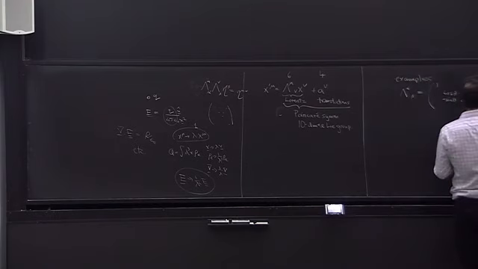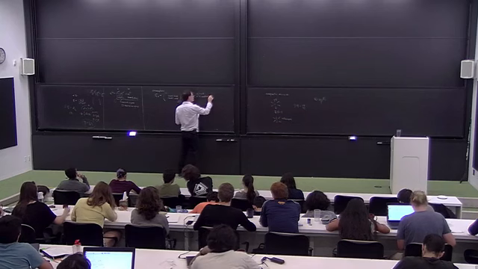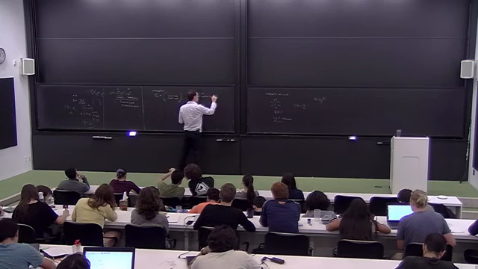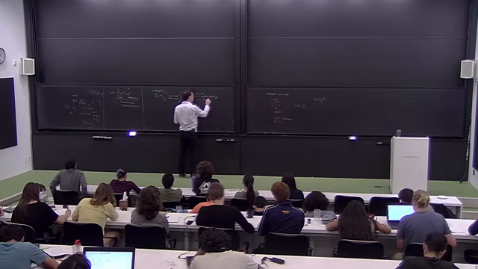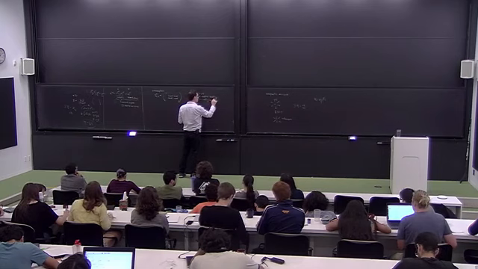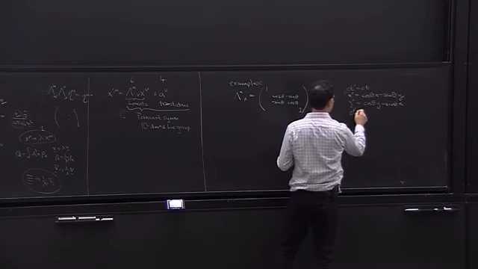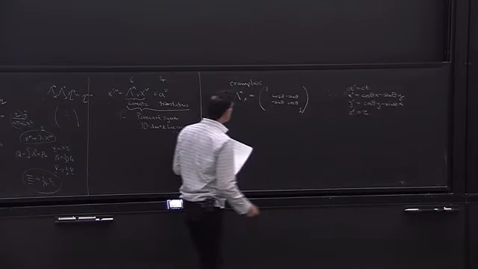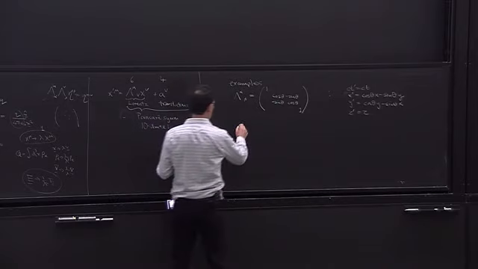That means we'll get ct prime equals ct. x prime is cos theta x minus sin theta y. y prime is cos theta y minus sin theta x. And z prime is z.